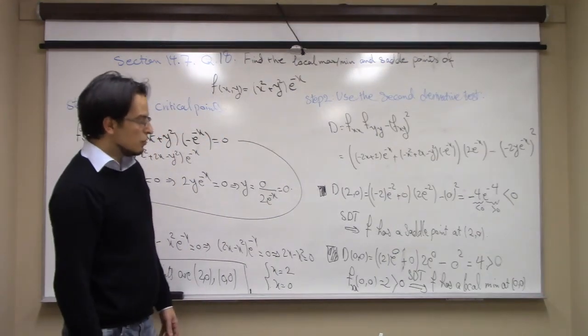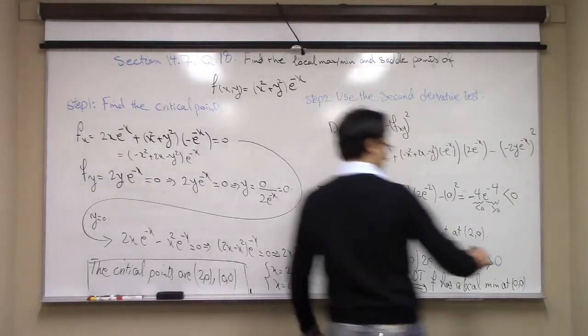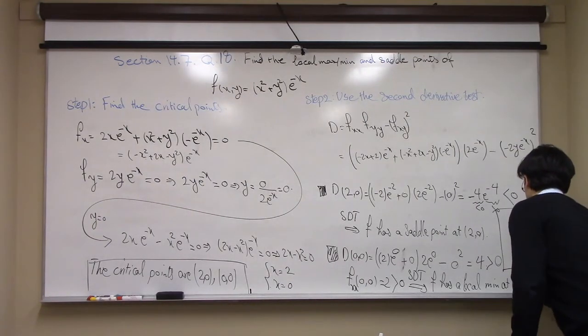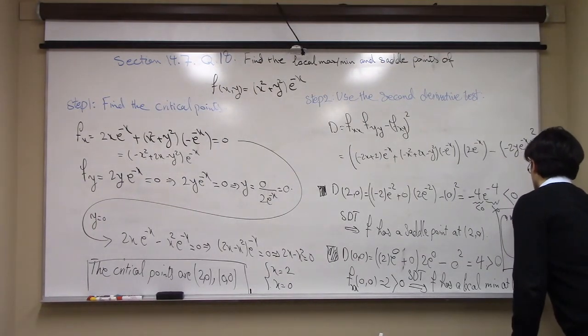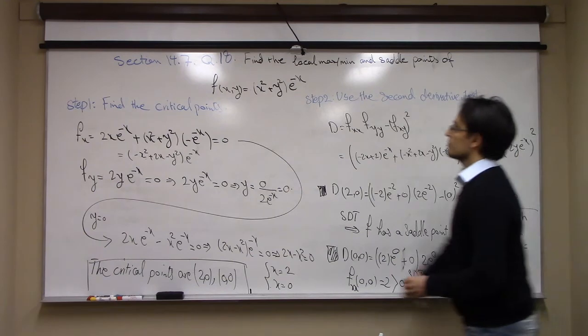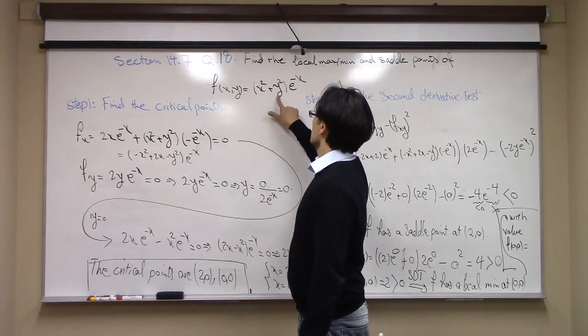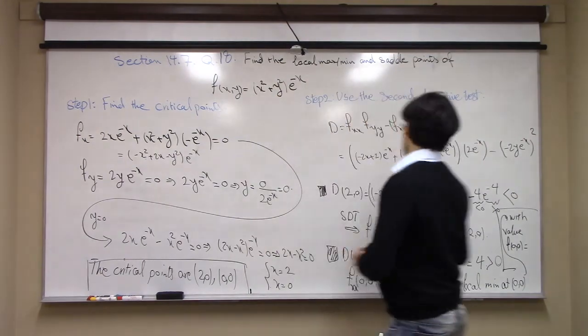And the value: let me write somewhere, plug in (0, 0) in our original function. 0 squared plus 0 squared is 0, times 1.